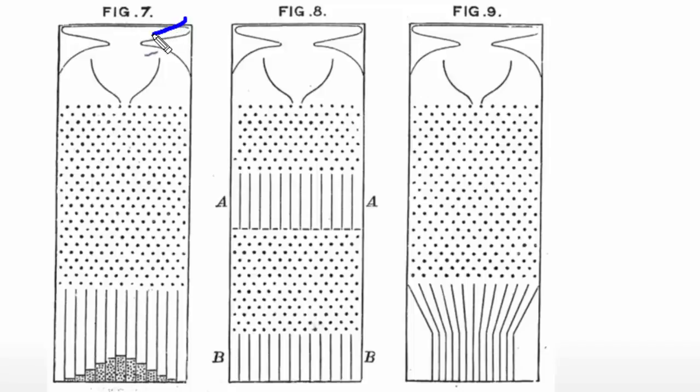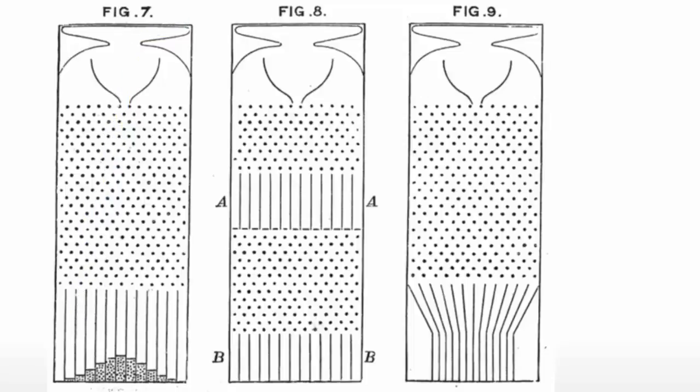What would happen is a ball would come down here, and it would hit this peg, and then it would go left or right with equal probability. And then it would go down, let's say it went in this direction, and then it would fall left or right with equal probability. And eventually the ball would work its way down to a bin, and it would get collected down here.